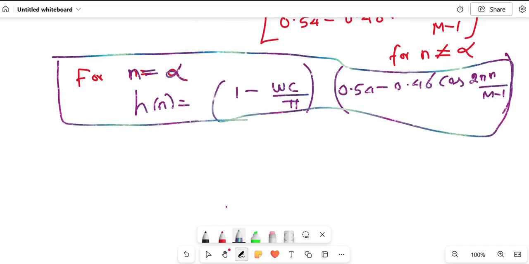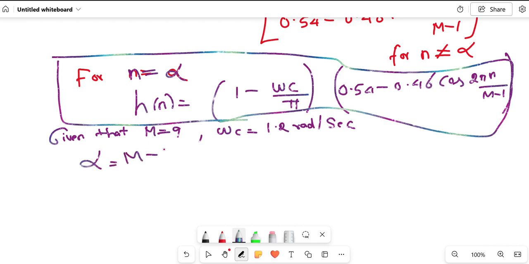Now you substitute the given values: M is equal to 9 and omega c is equal to 1.2 radians per second. So alpha is equal to (M minus 1) by 2, so (9 minus 1) by 2 equals 4.